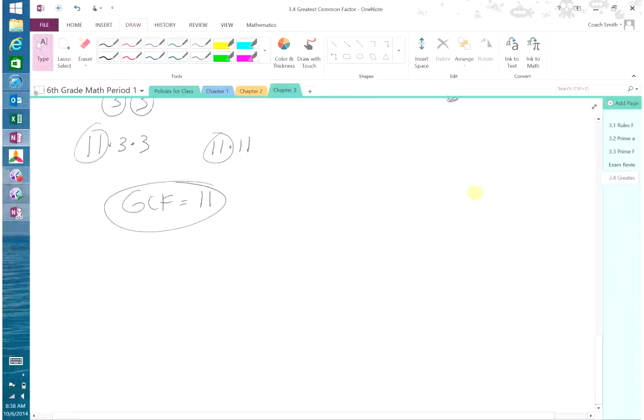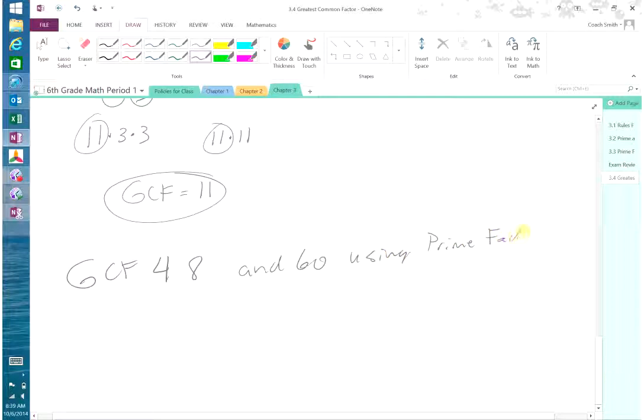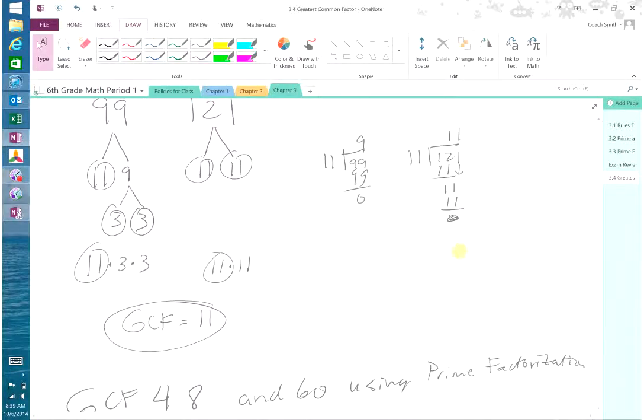Okay, now I want you to do this one on your own. 48 and 60. I want you to find the GCF of 48 and 60 using prime factorization. Okay, so step 1 is to find the prime factors. Prime factor it, either using a factor tree or inverted division.